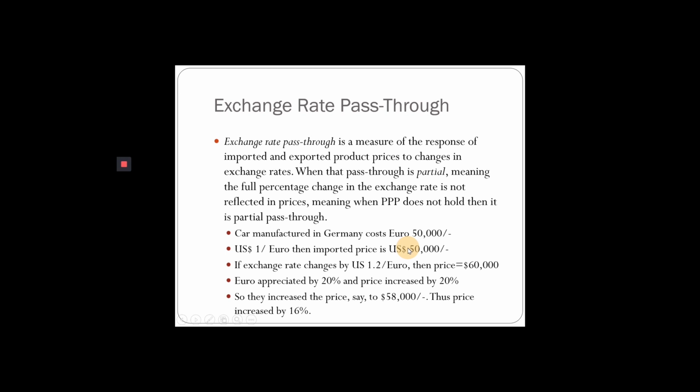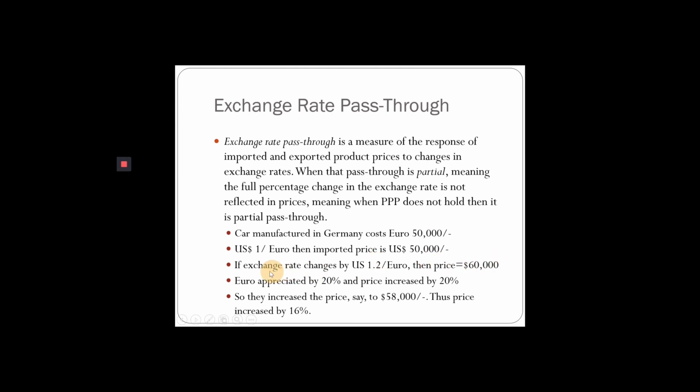Now if the exchange rate changes and now you need to pay 1.2 units of US dollars to buy 1 unit of euro, then in that case the price of that imported car in USA should be $60,000. So simply multiply this 50,000 euros with the new exchange rate, you will get 60,000, right?